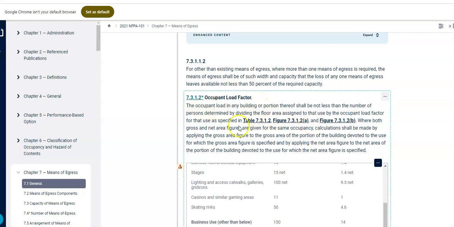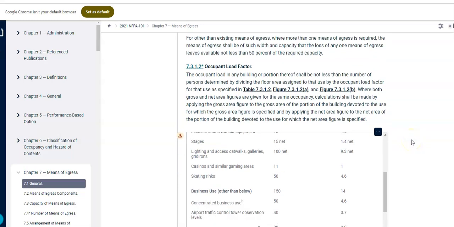7.3.1.0, occupancy load factors. Just to make note, it's really important to be able to read code. We don't need to know where every single code is. We need to know where to find these different pieces of code, but it's really critical to look at the different tables that they're associating, how to figure out these occupancy load factors.